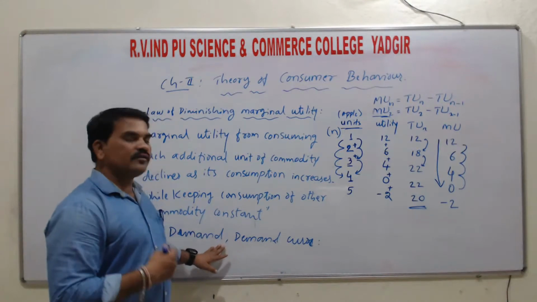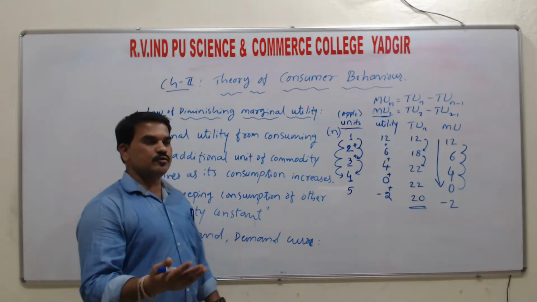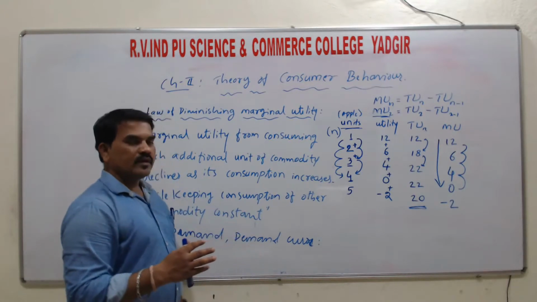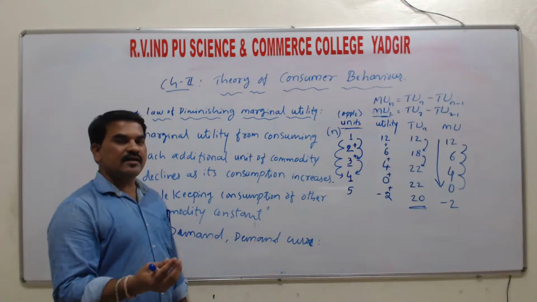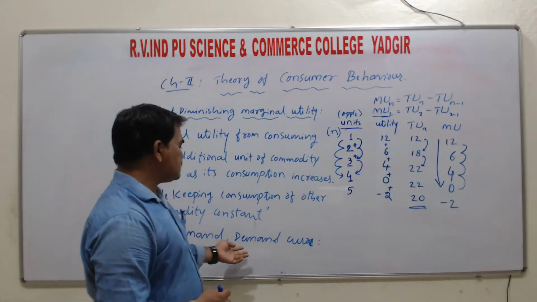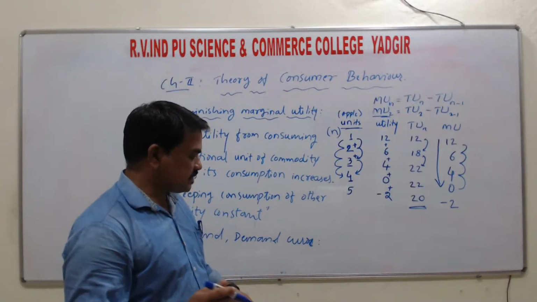It is not only the willingness to buy. It doesn't mean that if I have the willingness to buy so many products, we call it demand. I should have a willingness and I should have a capacity to buy that product as well. Then how this demand curve looks like, that we will discuss in the next class.